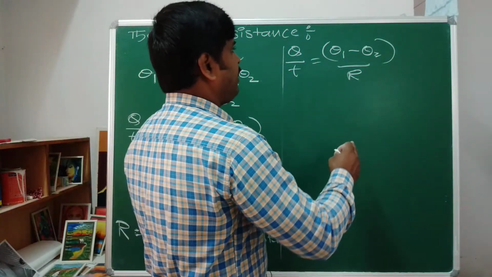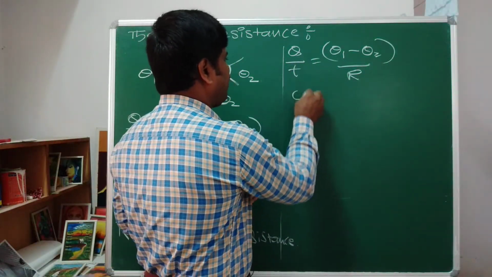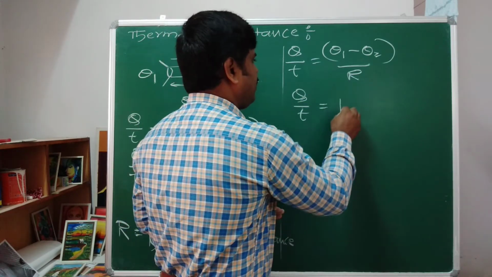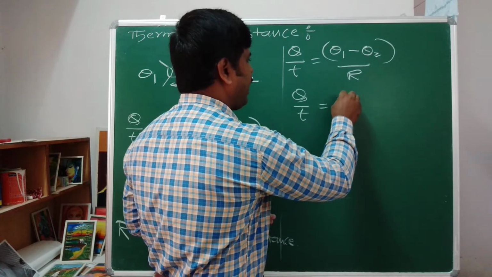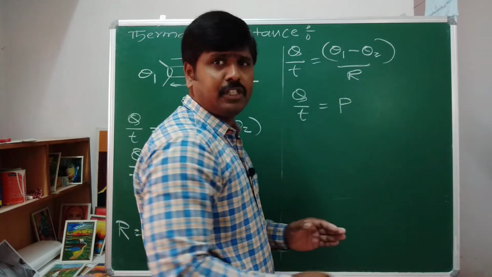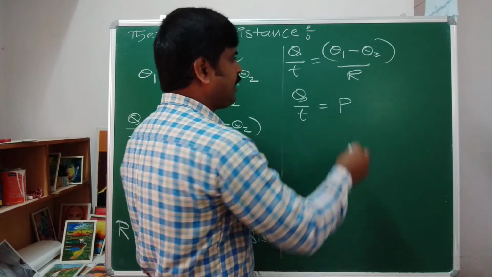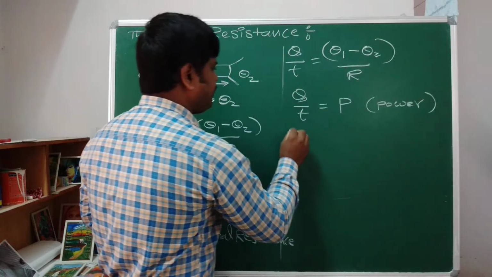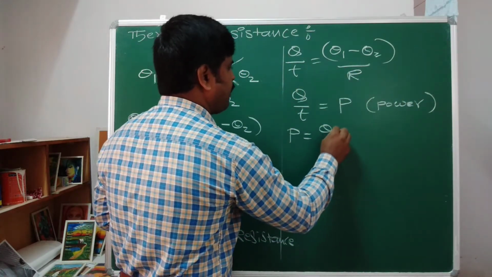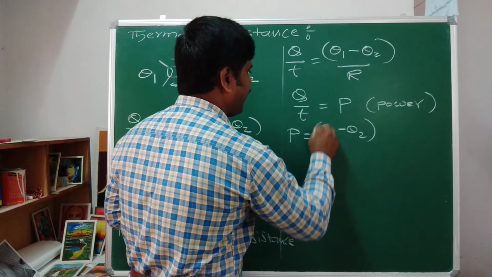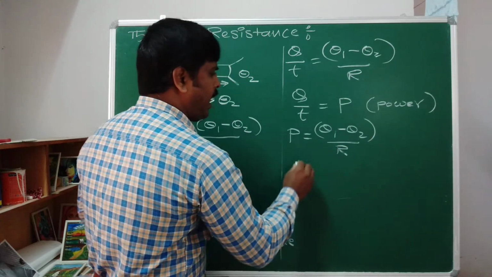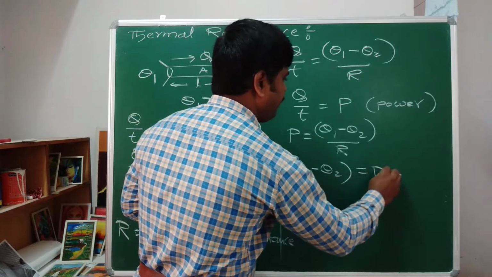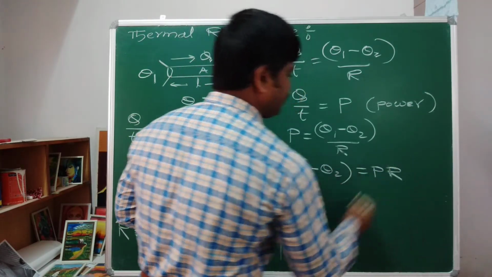Try to understand next: here Q by T represents the rate of heat flow, that is power, heat by time or work by time or energy by time. That represents the power. So power is equal to theta 1 minus theta 2 divided by R, and theta 1 minus theta 2 is power into thermal resistance.